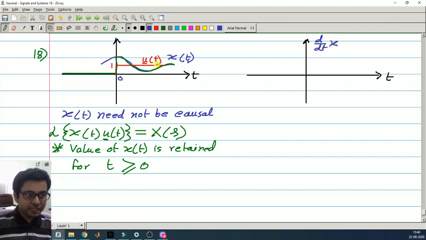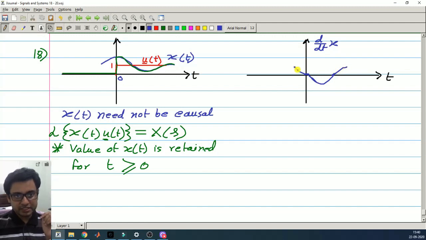Consider this original blue signal and let us take its derivative. So at this point the derivative seems flat, 0, here it is positive like this, after that it becomes negative, here it again becomes 0, then positive.